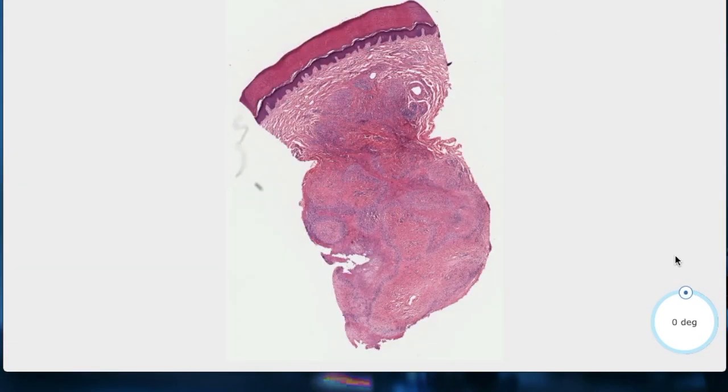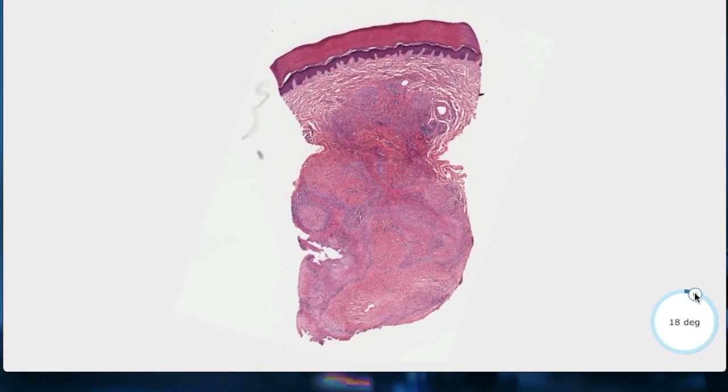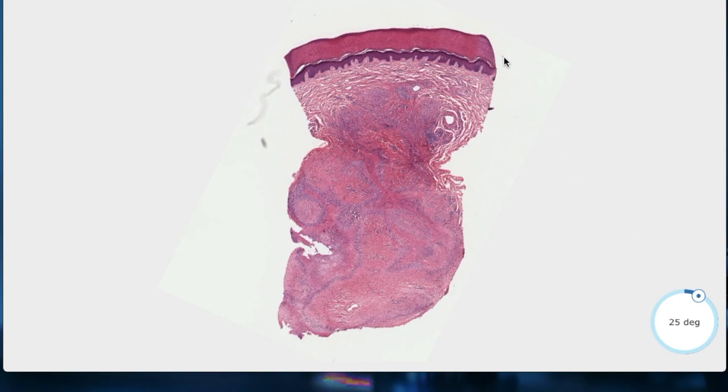A final example we see is the punch biopsy from an acral skin. You can tell because the epidermis has a very thick corneal layer, and we see that in the dermis we have this lesion that occupying the entire dermis.